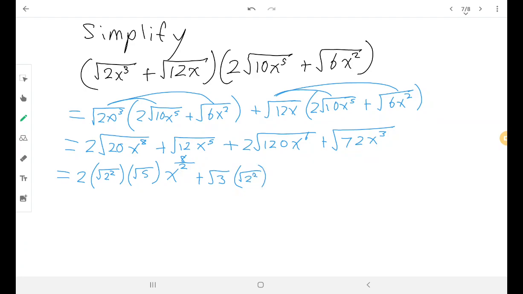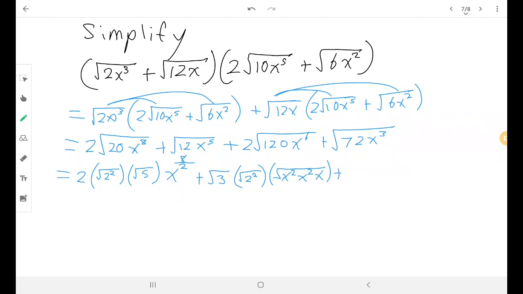And then let me look at x to the 5th. Let me break it down into several x squareds. X squared, that's 2 of them. X squared again, that's 2 more, and then I need a single x. Right? I'm going to have to squeeze things in here because I'm going to run out of room if I don't.